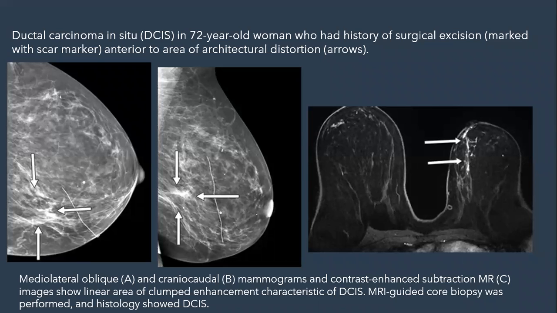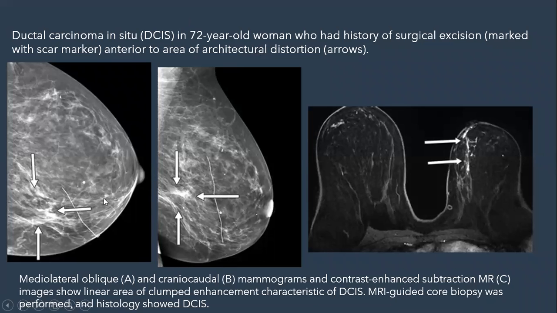This is the area of the mammogram, contrast MRI, area of clump. What about the mediolateral oblique, enhanced subtractions, area of distortion? Anterior to the area of distortion, the arrow is the area of distortion.